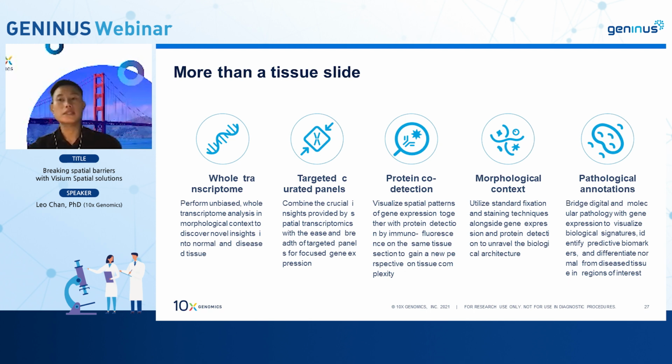You can utilize the standard fixation and staining techniques alongside gene expression and protein detection to unravel the biological architecture. And you can bridge digital and molecular pathology with in situ gene expression to visualize biological signatures, identify different predictive markers, and differentiate normal from diseased tissues in all of your regions of interest.